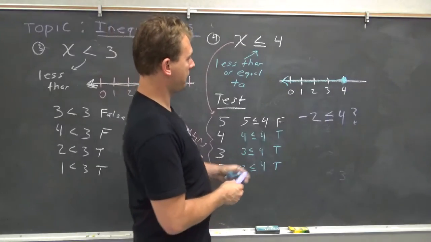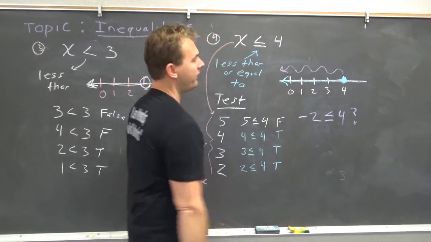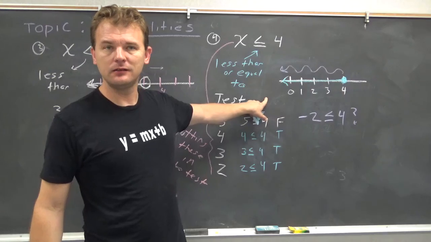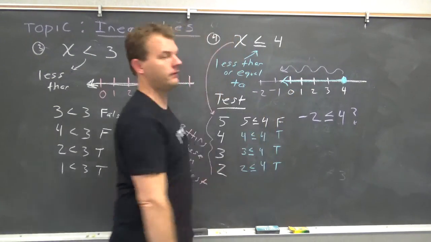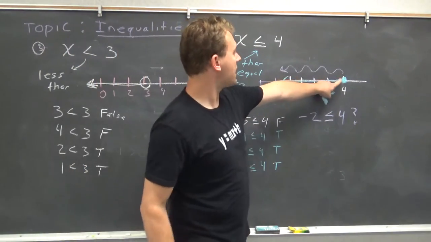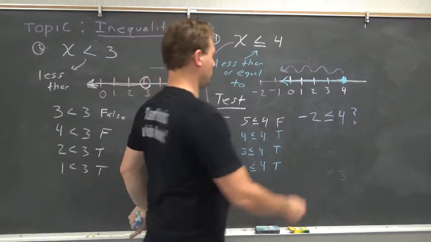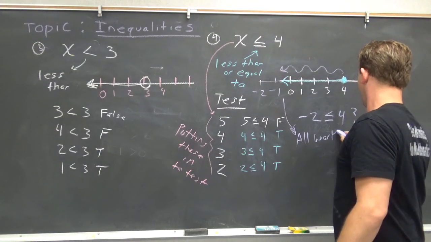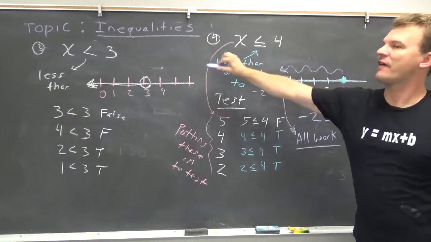Because since this arrow is going this way, and here's 0, what's going to be down here? Well, -1, -2. Oh, so you're saying that if this line goes in this direction, these should all work. They all work because this line covers everything in that direction.